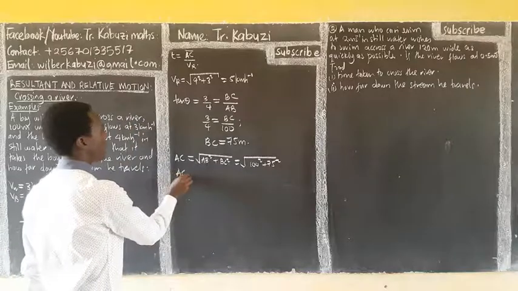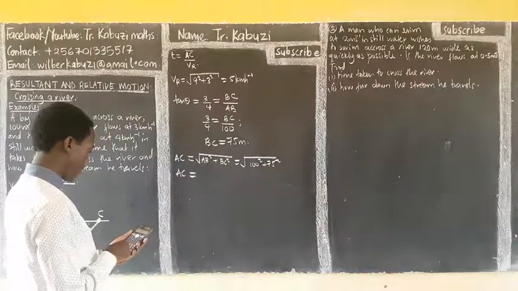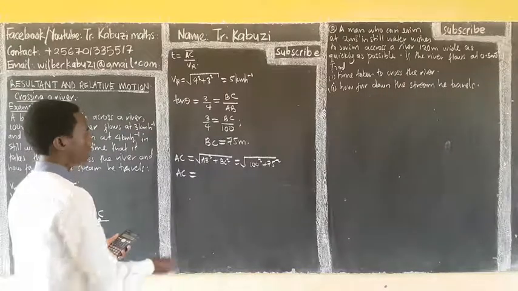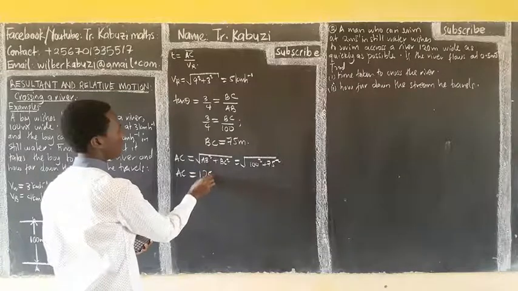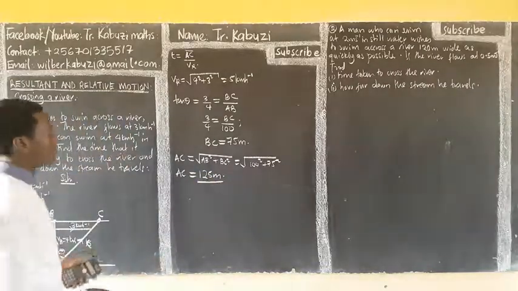So from there, my SC is going to be 125 meters. So that's my SC. So I can get now my time.